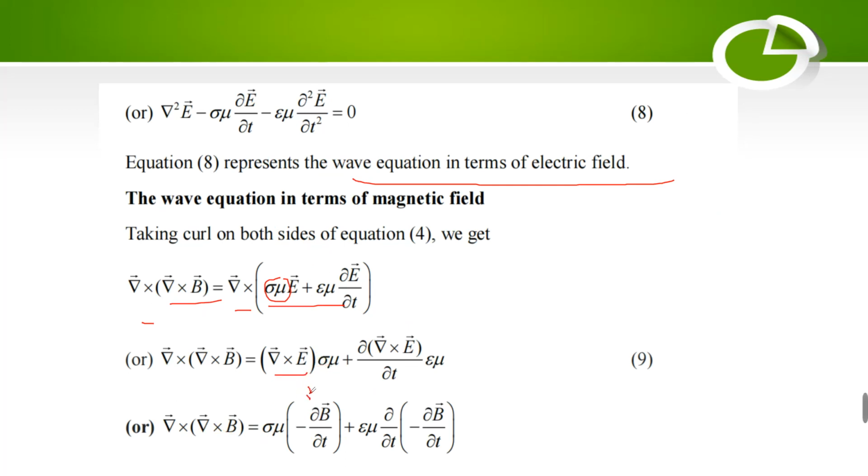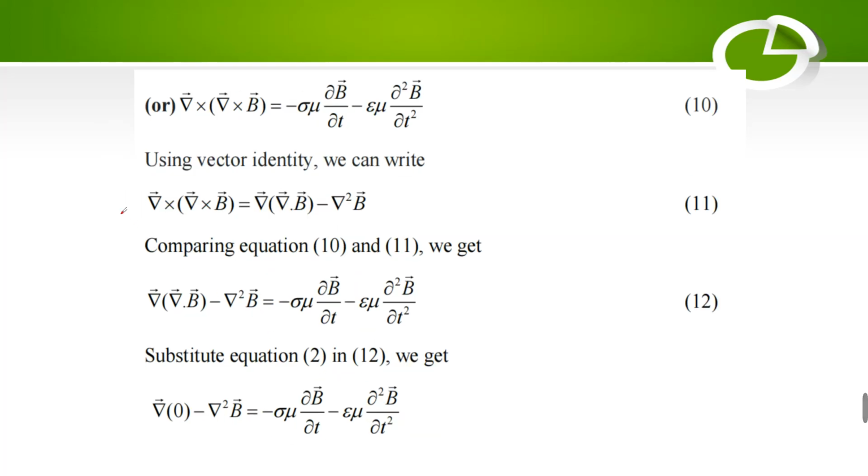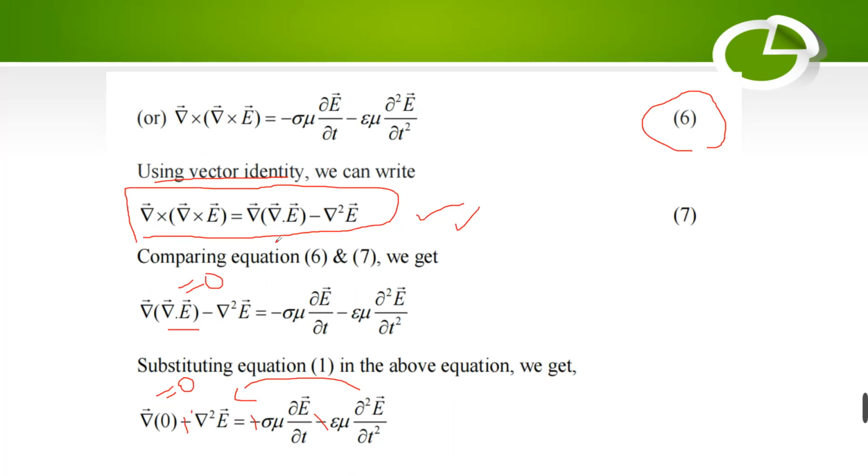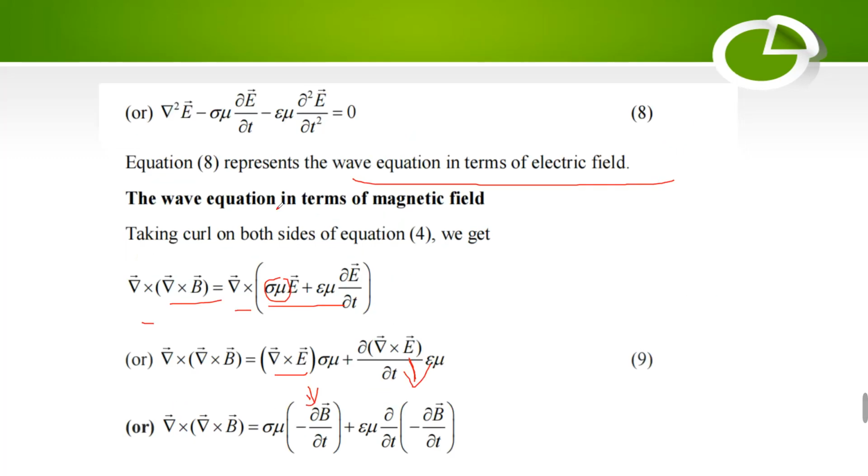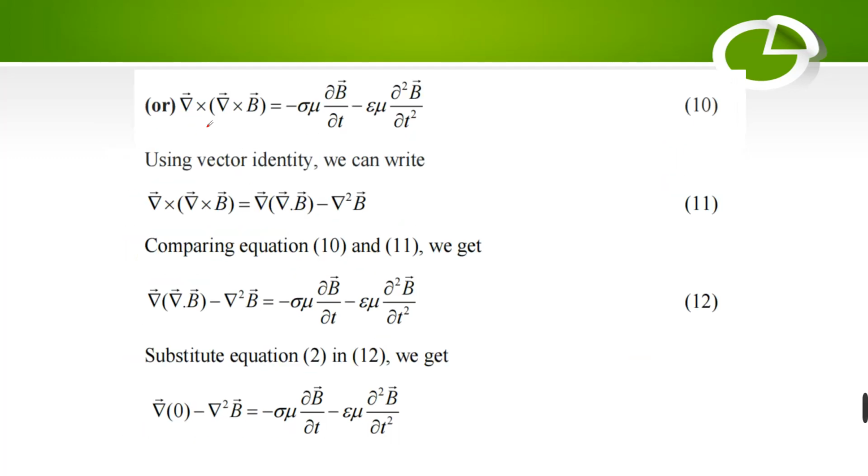It is minus dou B by dou T. And similarly here also it becomes what? Minus dou B by dou T. Sigma mu into minus dou B by dou T plus epsilon mu into dou by dou T of minus dou B vector by dou T. So in this term, del vector cross of del cross B is equal to minus sigma mu into dou B by dou T minus epsilon mu into dou square B by dou T square.